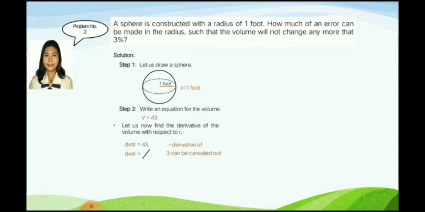The 3 in the denominator can be cancelled out, and we get dV over dr is equal to 4 pi r squared.